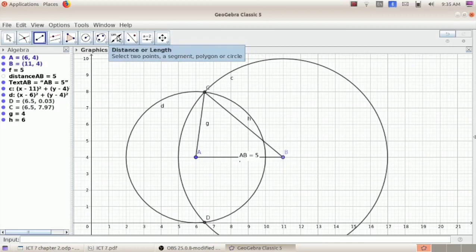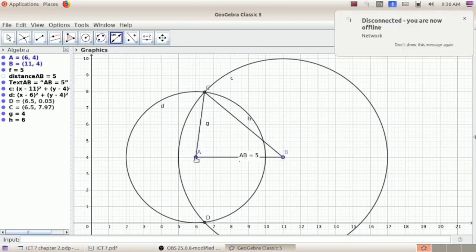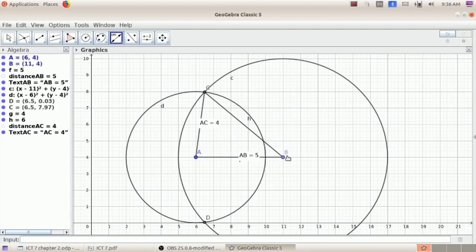For that, select the distance or length tool. Click on A, then click on C. AC is 4 centimeter. Then click on B, click on C. BC is 6 centimeter. So we have constructed a triangle ABC with given measurements with the help of circles.